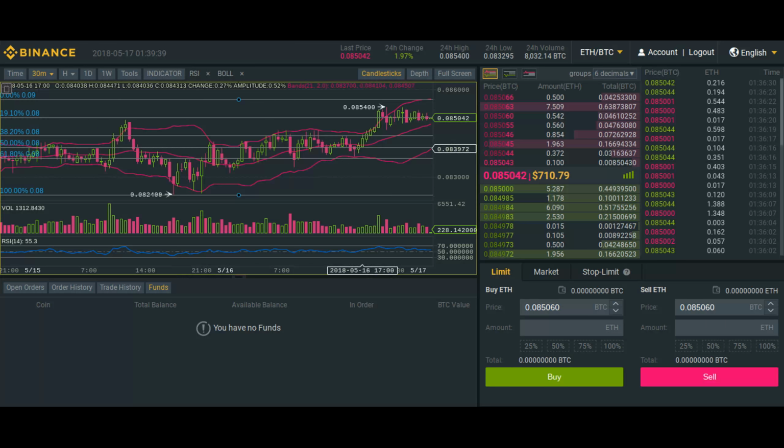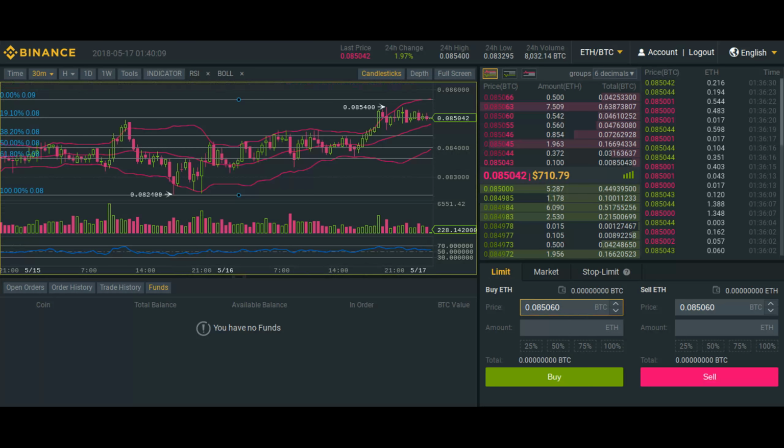So that was enough support to catapult it. It hit the top Bollinger Band, was rejected down just a tad bit, and right now we're seeing a bit of consolidation, forming sort of a triangle or a pendant. Not really. I can go on TradingView and check it out, but these are some of the tools and indicators that they give you available on the advanced exchange option on the Binance Exchange Market.